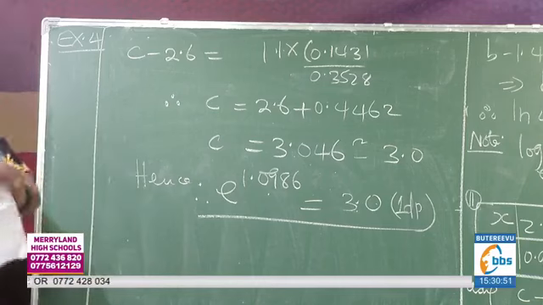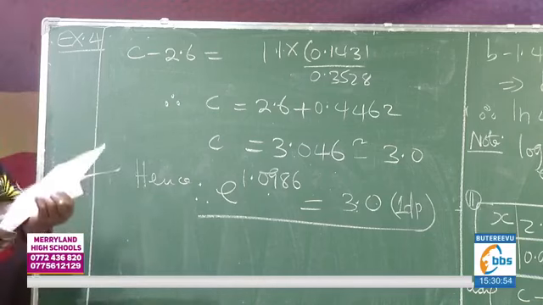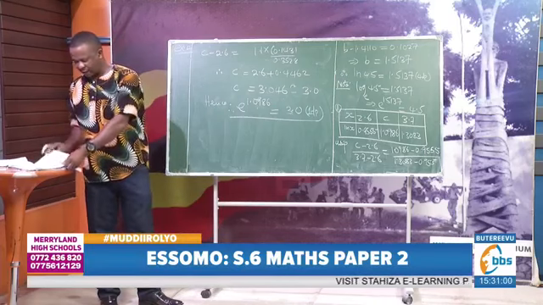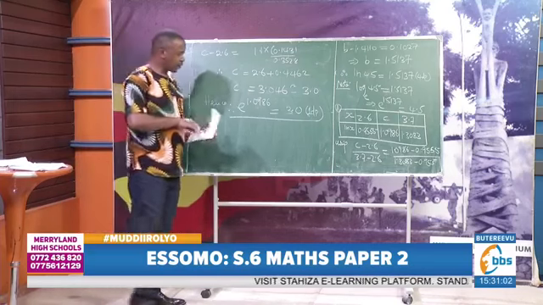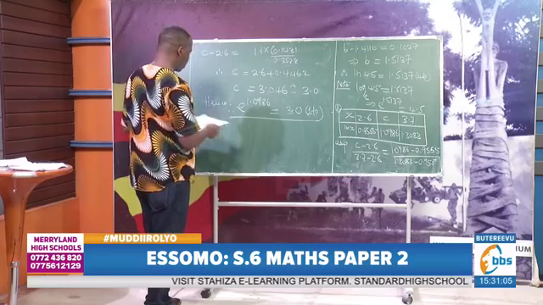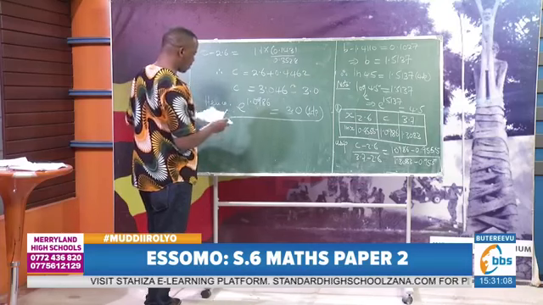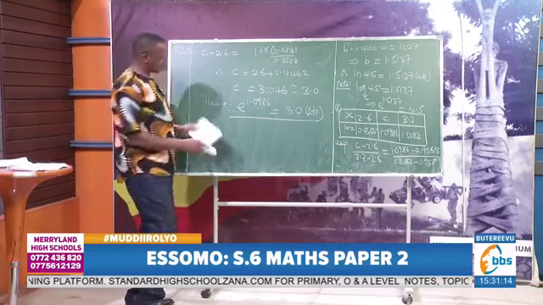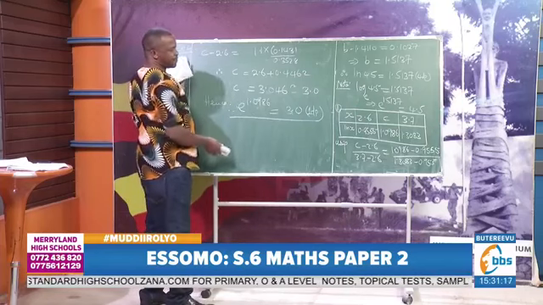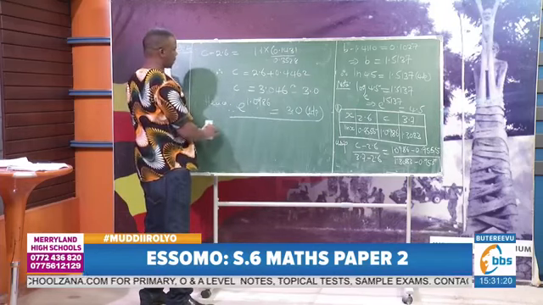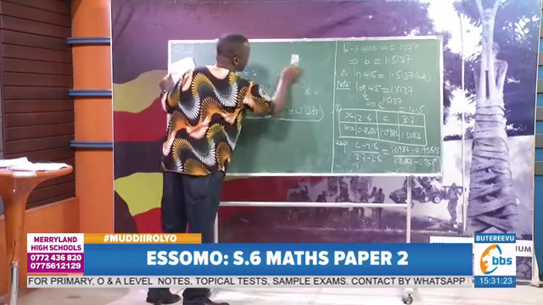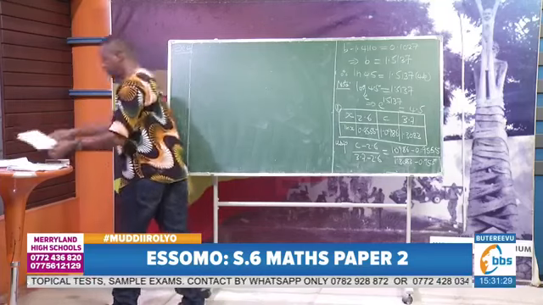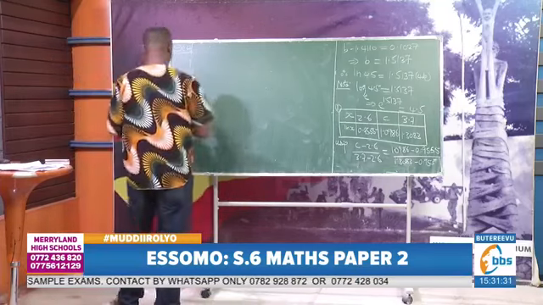We want to use the remaining part of our lesson, proceed in that line, and look at yet another method. I will call it estimation of roots to equations of the form f of x is equal to 0. I'll be clearing this side so that we can proceed and introduce our next part of the lesson.